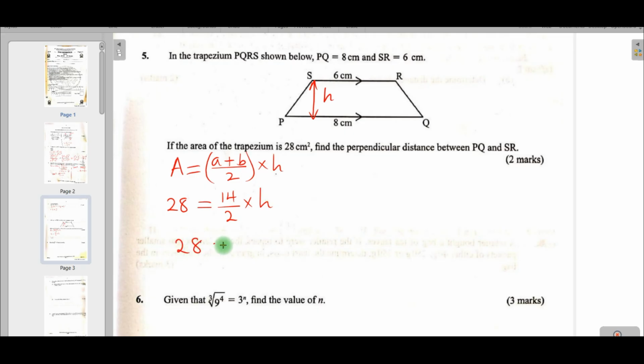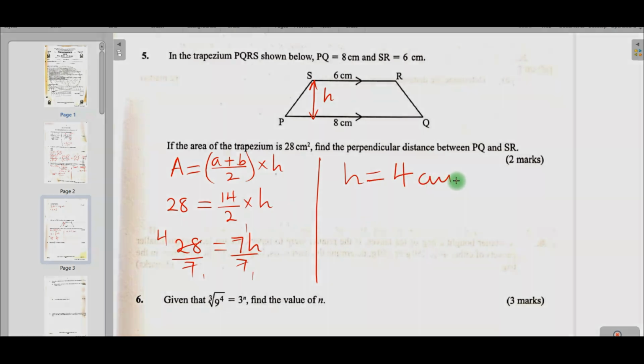Therefore, we have 28 is equal to 14 over 2, that is 7h. So we divide both sides by 7. So we end up getting the perpendicular height h, or distance, is 4 centimeter.